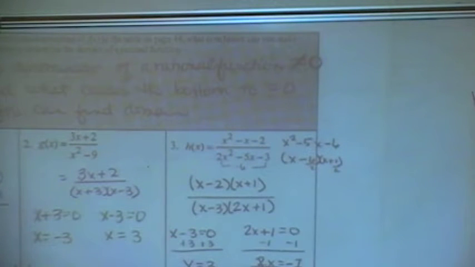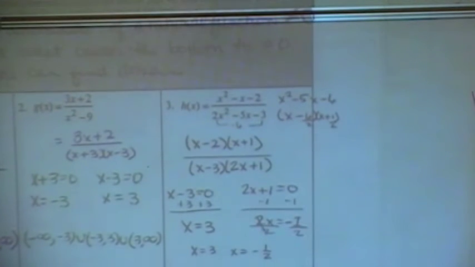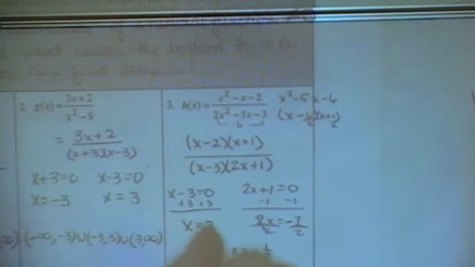So I got x equals 3 and x equals negative 1/2. So those are my two asymptotes. Make sure you put the smallest one first. So I'm going to go from negative infinity to negative 1/2, negative 1/2 to 3. We'll start there tomorrow.